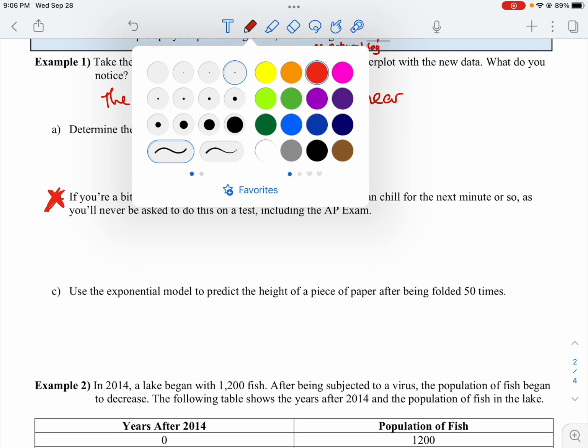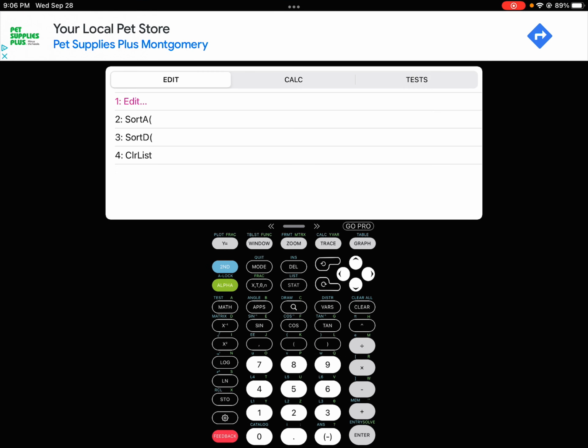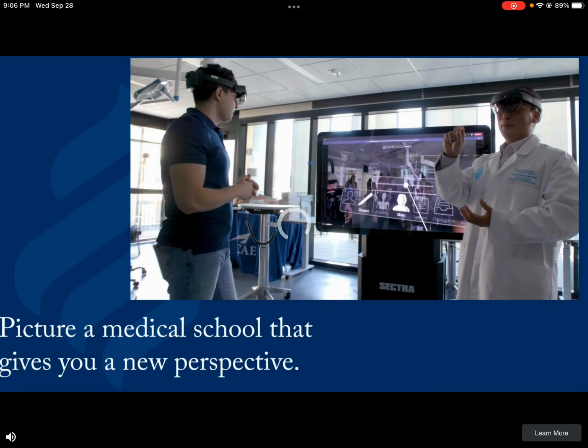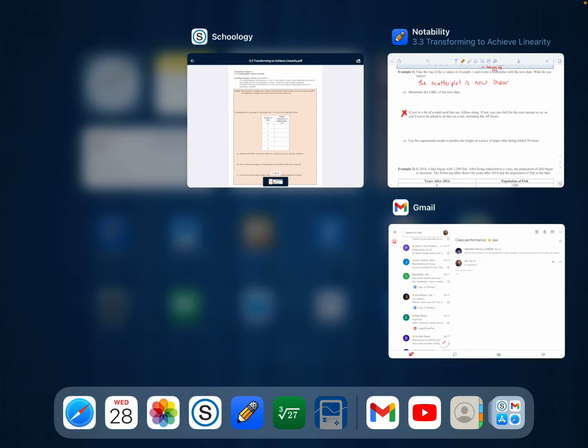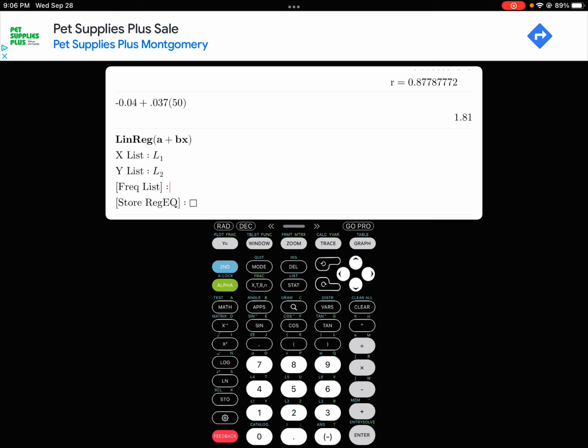So without altering it, I'm now going to take the least squares regression line of L1 and L2. Remember that L1 hasn't changed, but L2 is now the log of my y's.